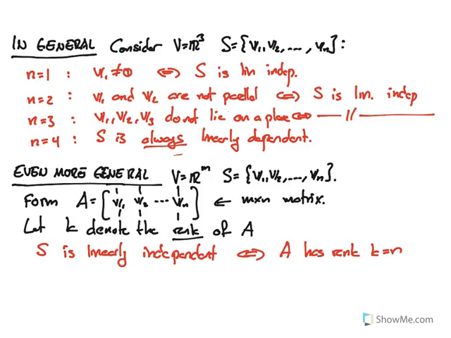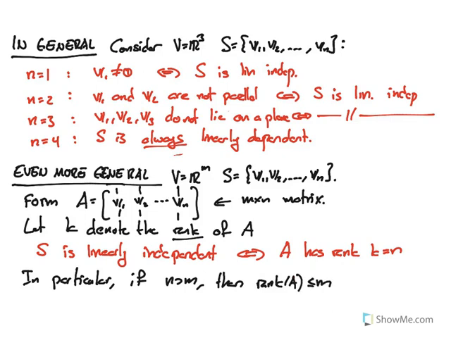So in particular, if n is larger than m, then the rank of A is certainly smaller than n. You cannot have more pivots than you have rows, which is less than n. So in this case, S must necessarily be linearly dependent.